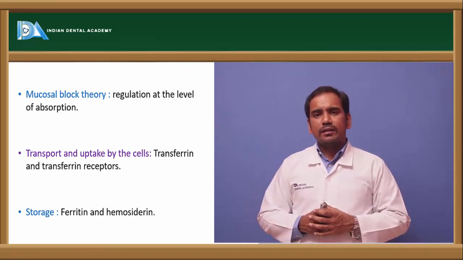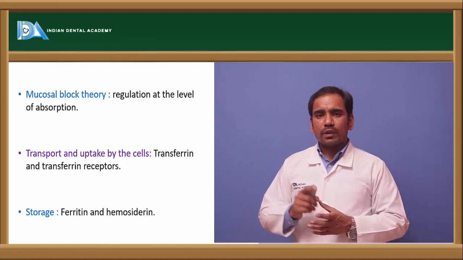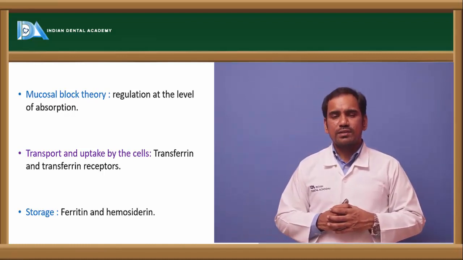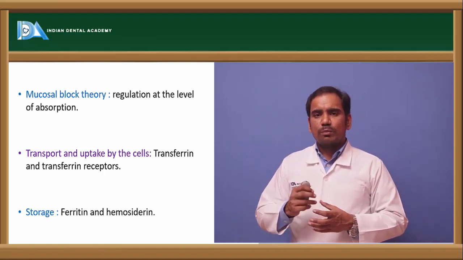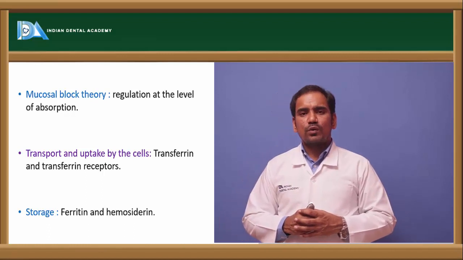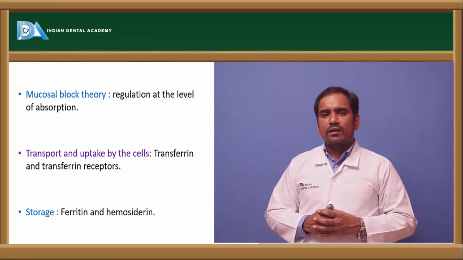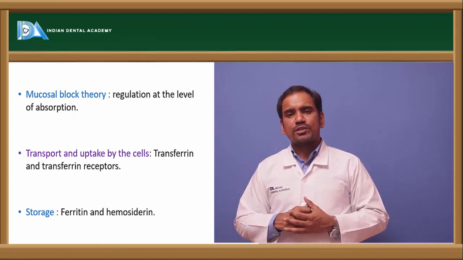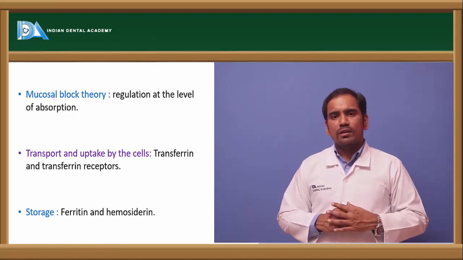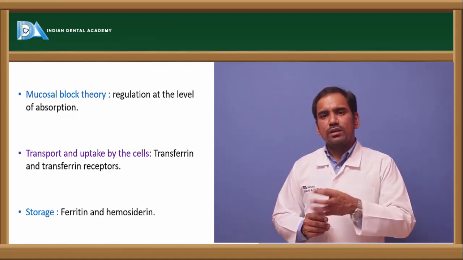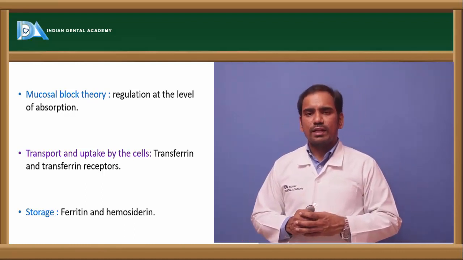In the blood, the iron binds with apotransferrin and is converted into transferrin. For the incorporation of iron into apotransferrin, we have to convert the iron from the ferrous state to the ferric state. Absorption of iron occurs only in the ferrous state, whereas its incorporation occurs in the ferric state.